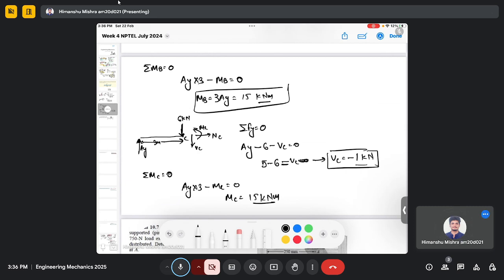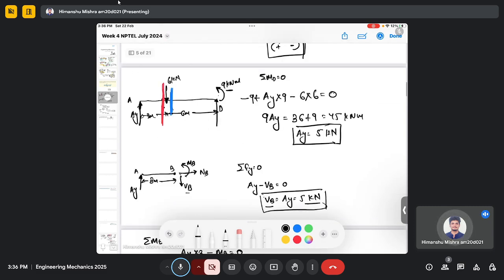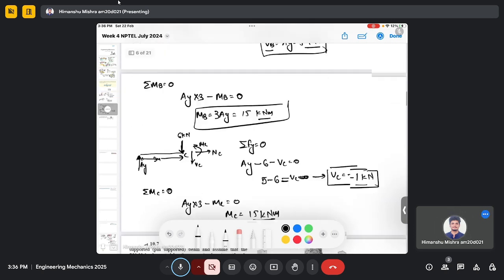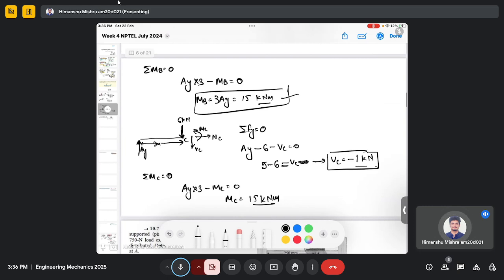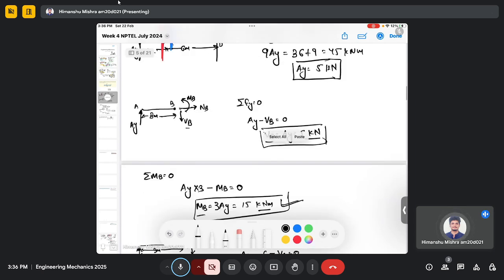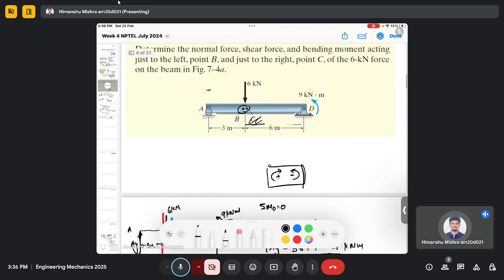So you can see that just intermediate right side of this 6 kilonewton force, the moment is same. So moment at point B is same 15, and at C also it's same 15. So this point B and C are the adjacent points from this force. One is the left hand side of this force and another is the right hand side of the force. So there will be no change in the moment due to this force.